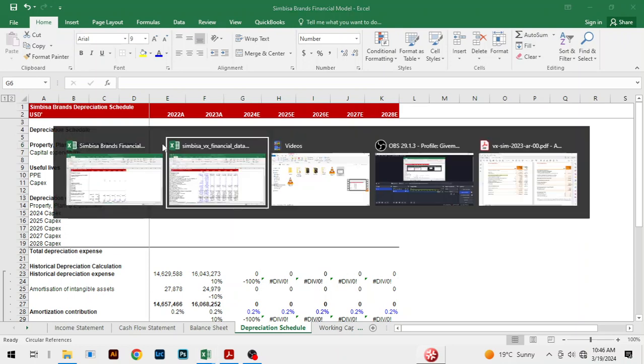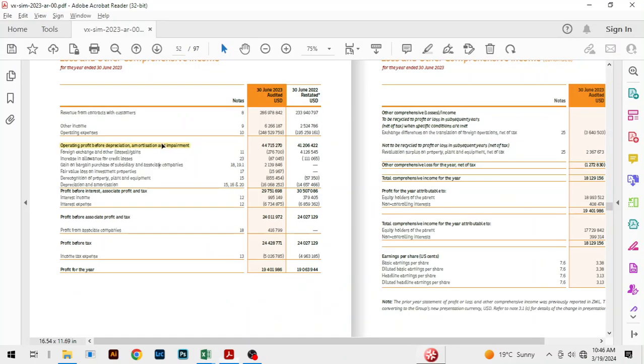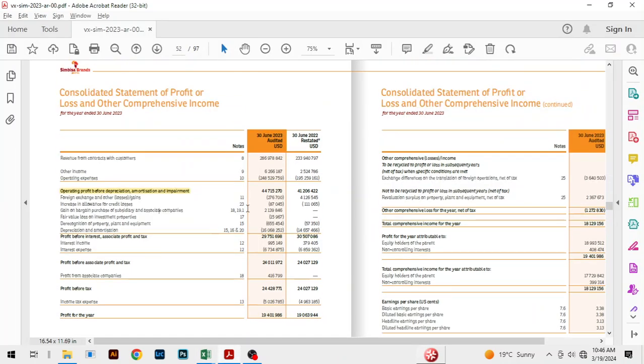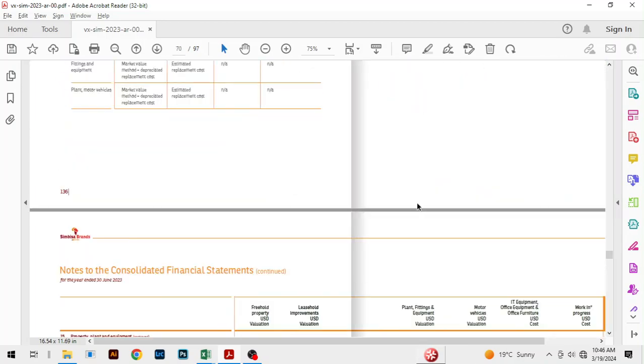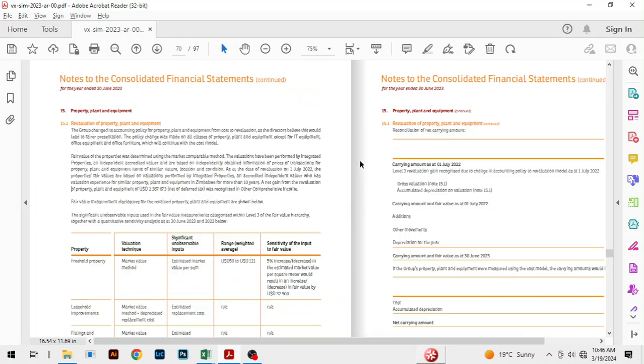So let me just quickly go back to the annual report. So I want us to go to depreciation. It's telling us about the depreciation.